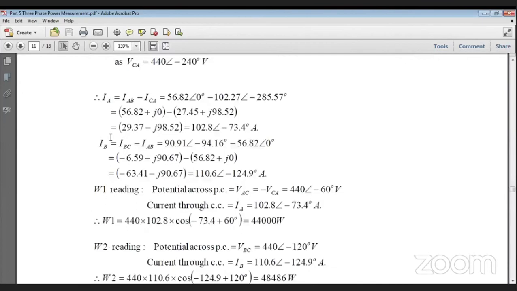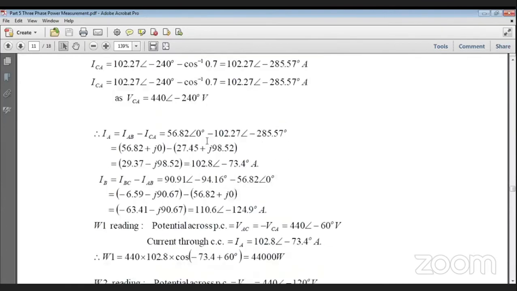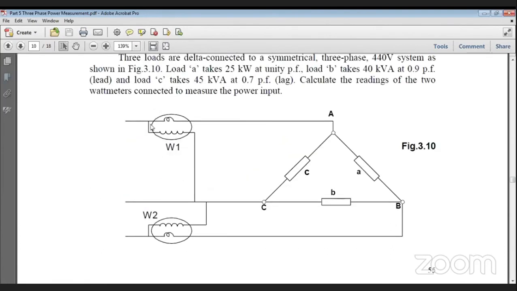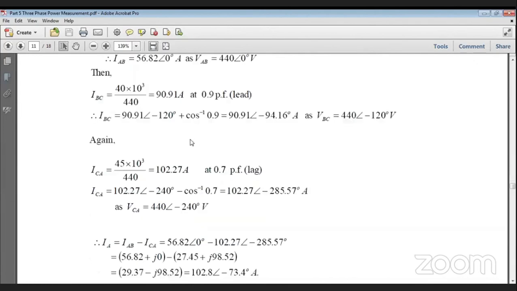Then look at the potential coil. This one is VAC. Typically, our three voltages are VAB, VBC, and VCA. So VAC is nothing but minus VCA. So what we do, as I have told you earlier, is simply add 180 degrees to VCA.